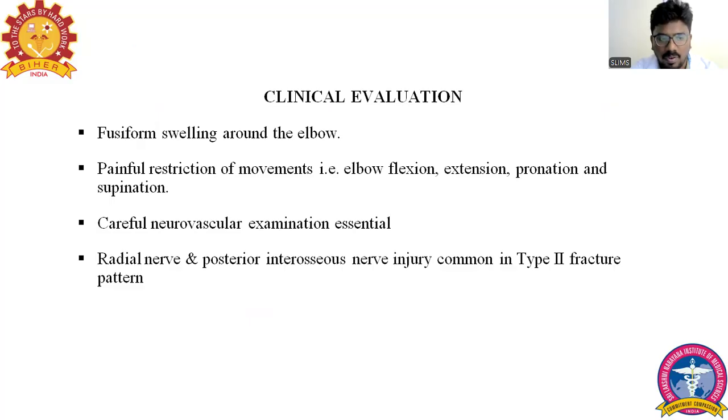Therefore, dorsiflexion of the wrist and extension of the fingers is carefully observed, and it should be done by placing the forearm and the wrist in a neutral position on a table, and the patient has to extend the fingers and wrist to look for the intactness of the radial and posterior interosseous nerve, which is also a branch of the radial nerve.